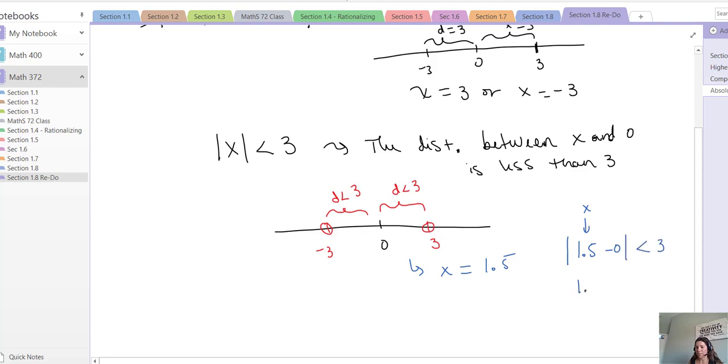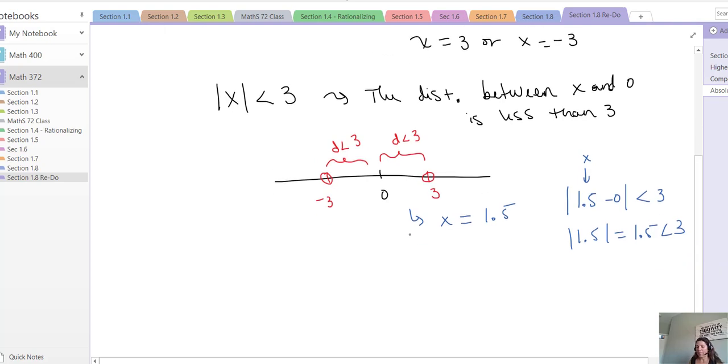The distance is actually 1.5, which is less than 3. So anything in here. So my answer will be that x can be anything between 3 and -3. So anything less than 3, anything greater than -3. So that will be our solution to this.